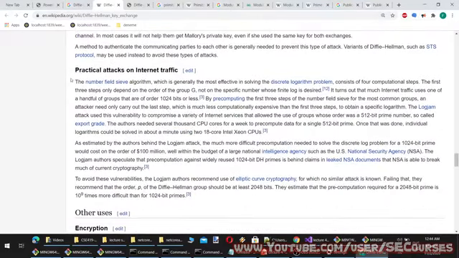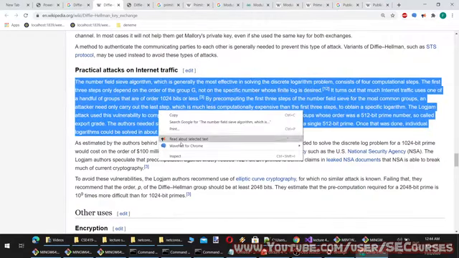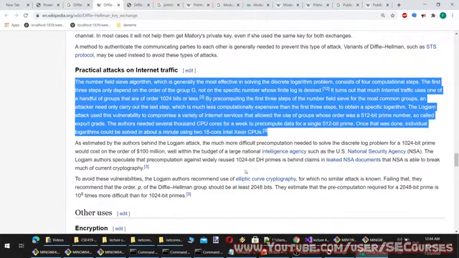Okay, and practical attacks. Let's read this. The number field sieve algorithm, which is generally the most effective in solving the discrete logarithm problem, consists of 4 computational steps. The first 3 steps only depend on the order of the group G, not on the specific number whose finite log is desired.